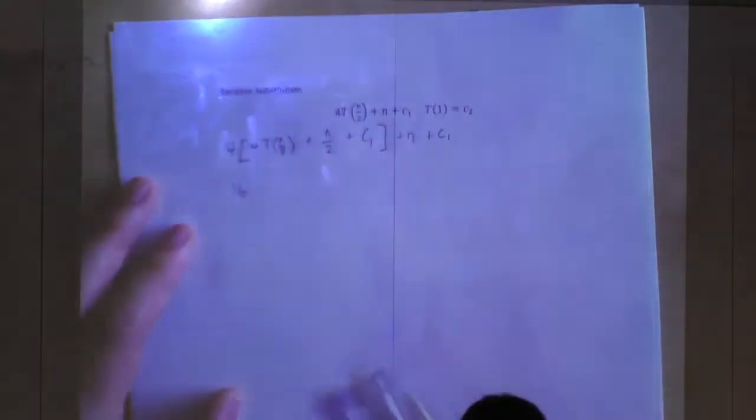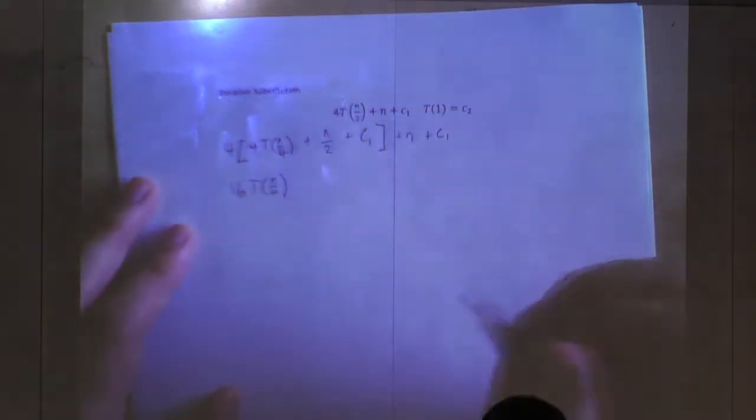And then from there, we're going to have the plus n on the end and the plus c1. Now if we simplify this, we're going to get 16 t of n over 4. I'm sorry, not t of n over 8. This should be t of n over 4. So we're going to get 16 t of n over 4.